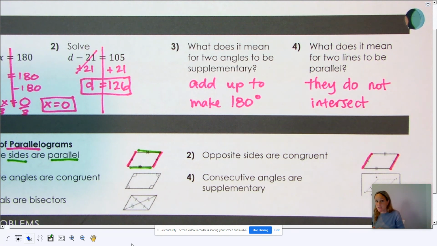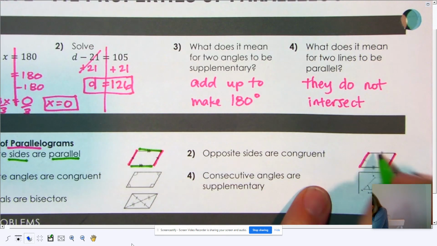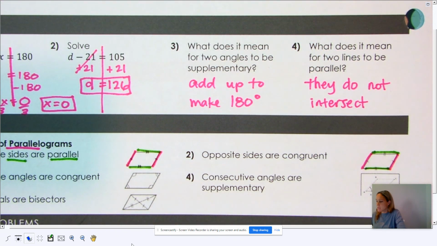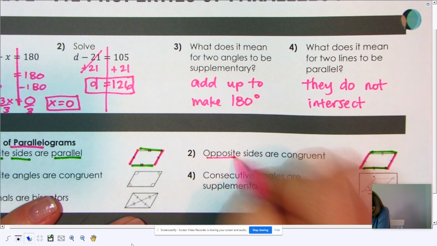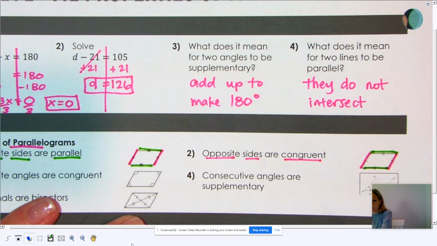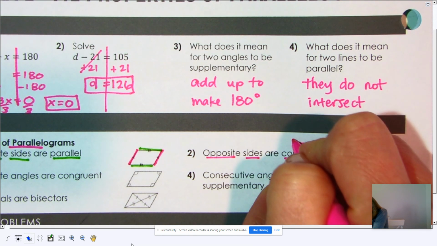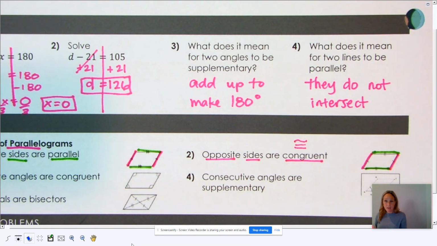They have the same measurement. Same thing with these two sides. Those two sides would be equal in measure. So I would say that the opposite sides are congruent to each other. And remember, our fancy symbol there for congruent is an equal sign with the little squiggly on top. It means that shapes are equal to each other.